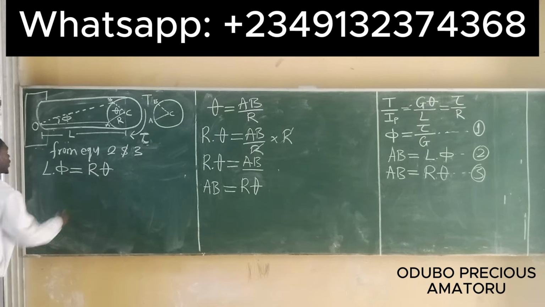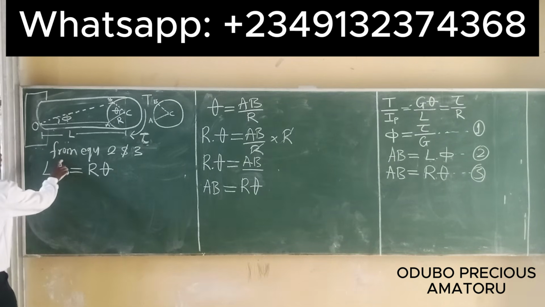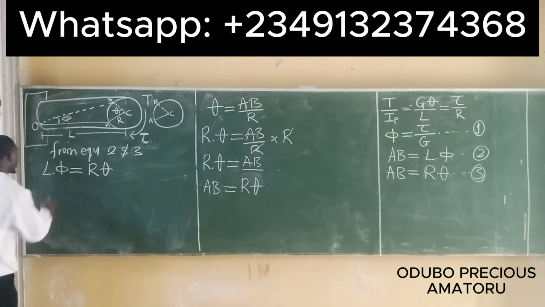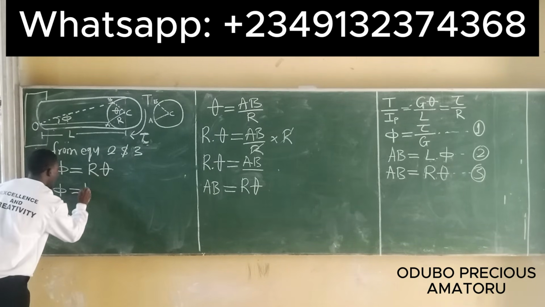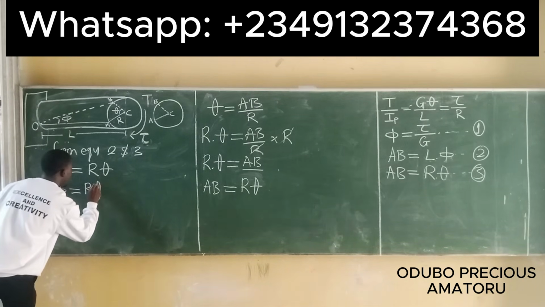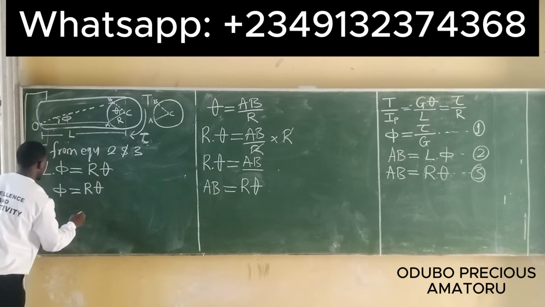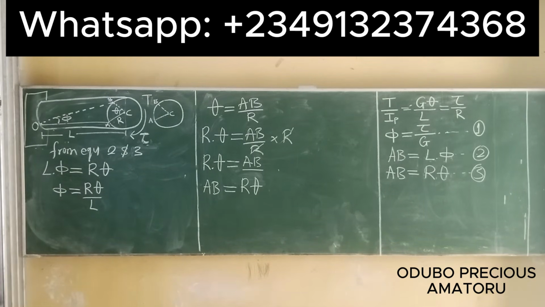So from here, what next to do is to make the shear strain the subject of the equation. So if you make it the subject of the equation, we have shear strain equal to R multiplied by the angle of twist all over L. So we just move this to this part.